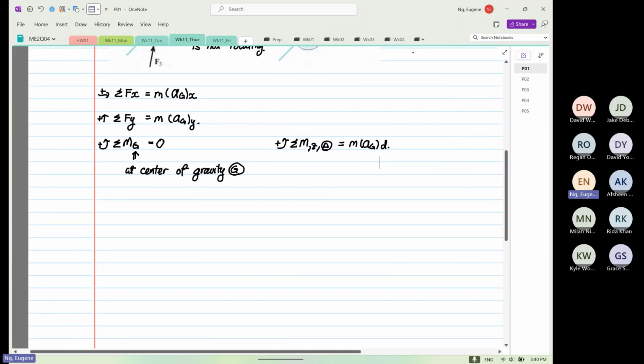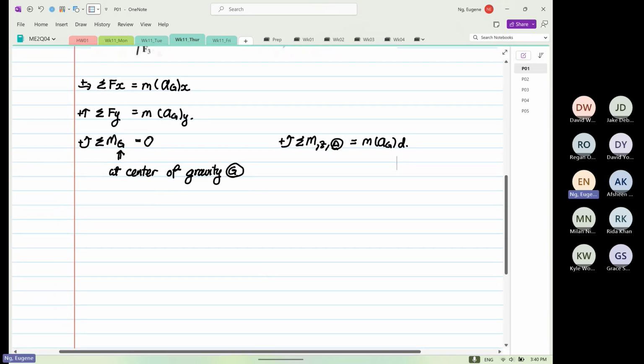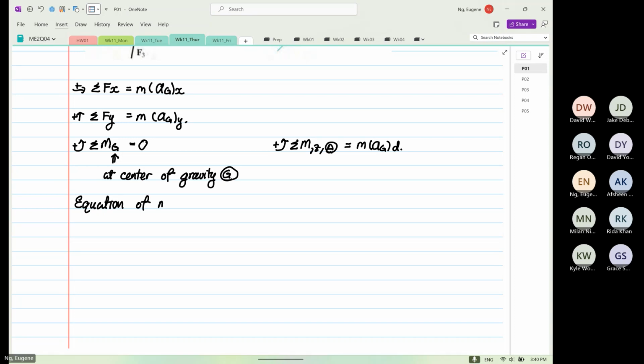The next one that we are going to consider now is the equation of motion for curvilinear translation.